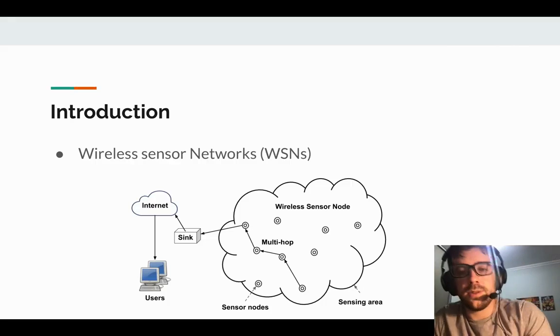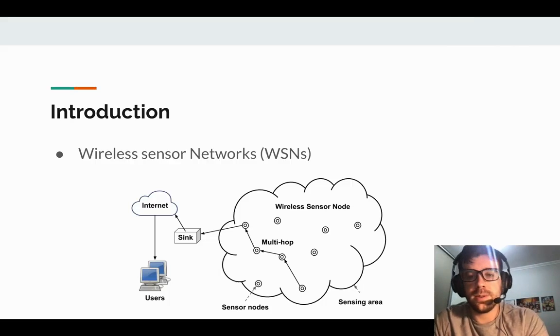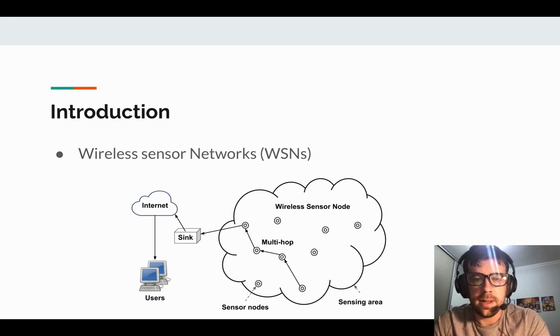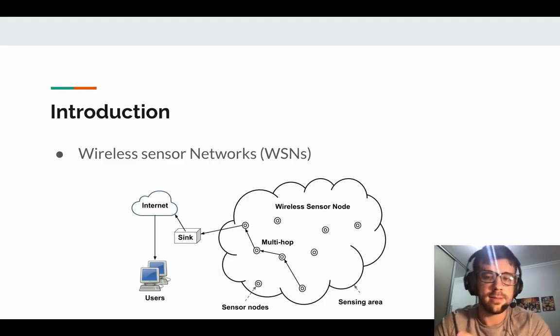So, wireless sensor networks are distributed systems that consist of multiple nodes deployed in some area of interest to sense some phenomena that happen inside this area, as illustrated in this figure.